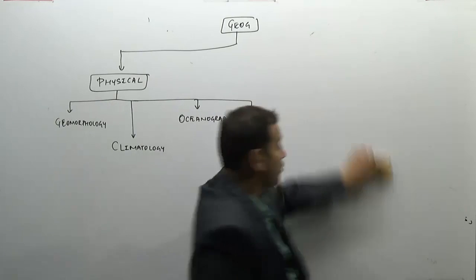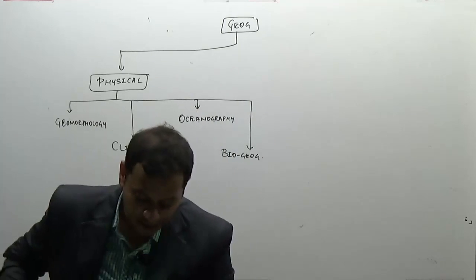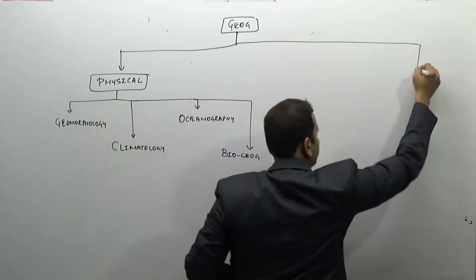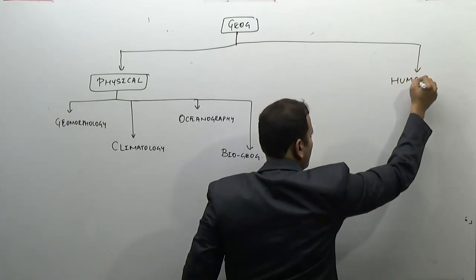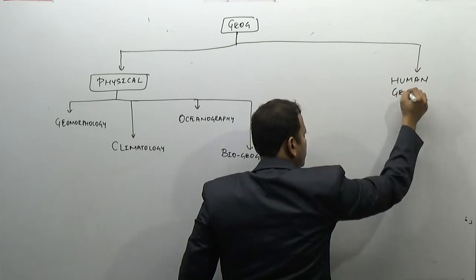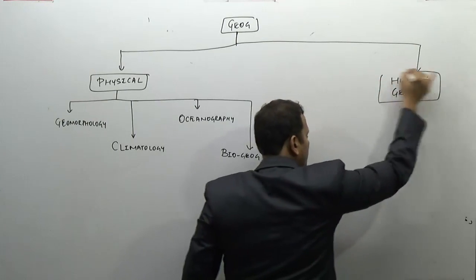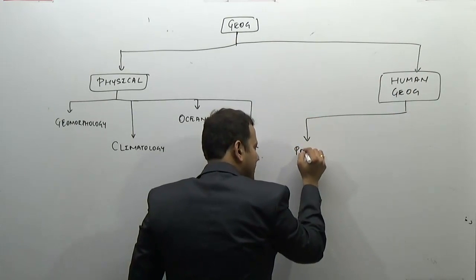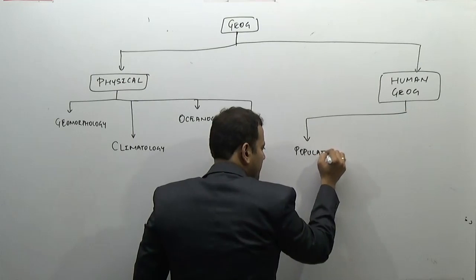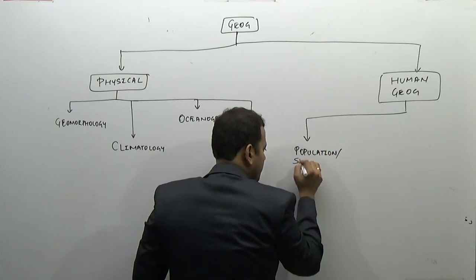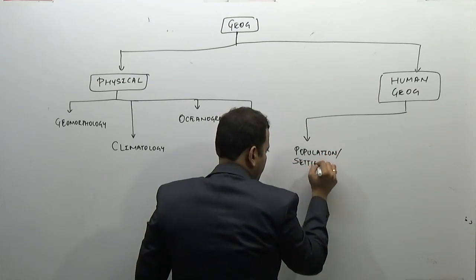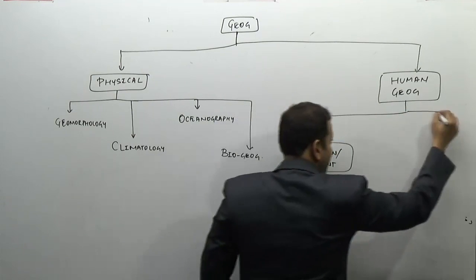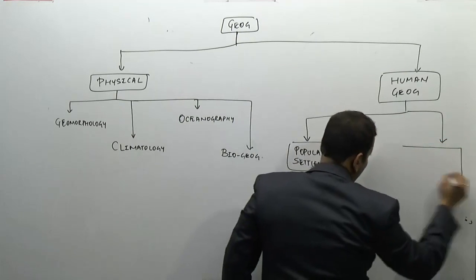The second aspect of our study of geography will be human geography. Human geography is further divided into population or settlement geography, and second, economic geography.